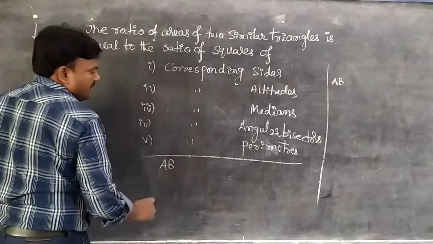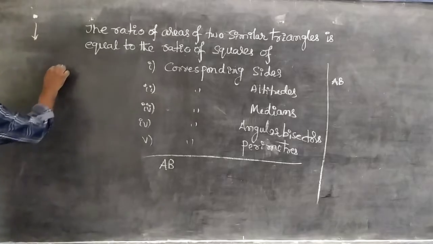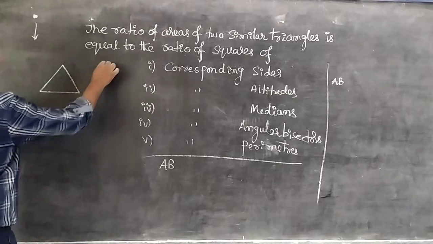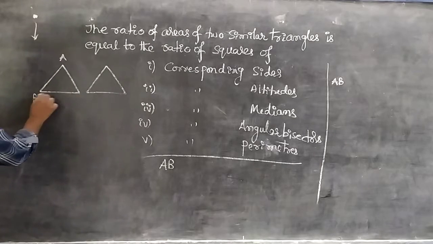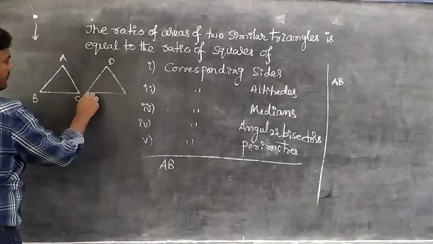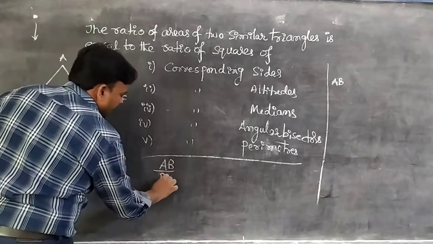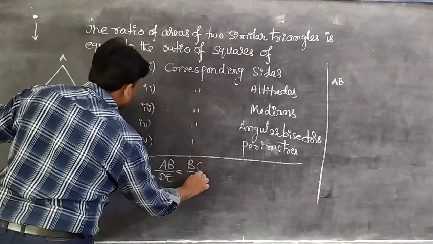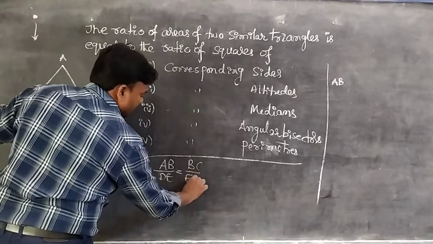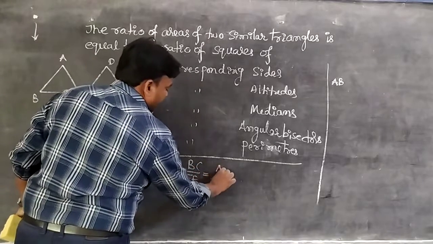we have taken triangle ABC and also triangle DEF. Two similar triangles taken, students. So AB by DE equal to BC by EF equal to AC by DF.